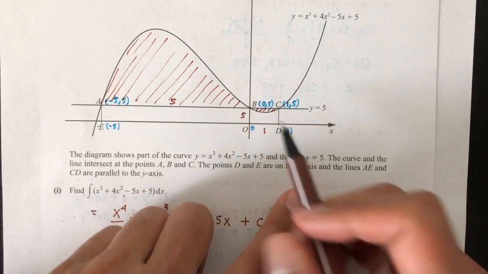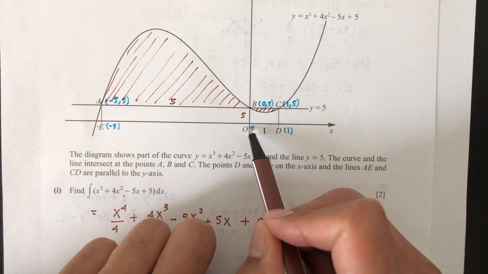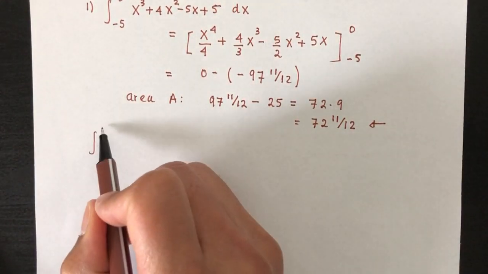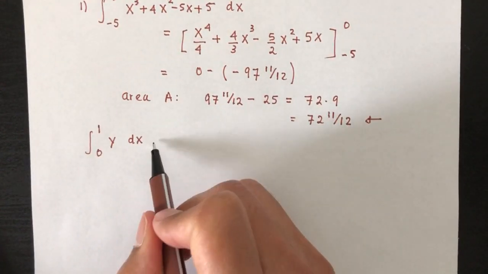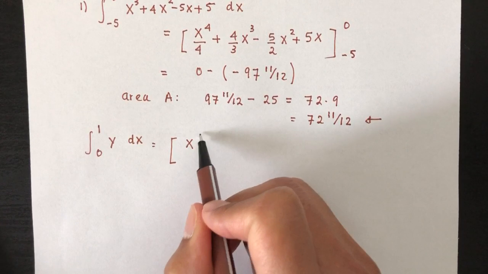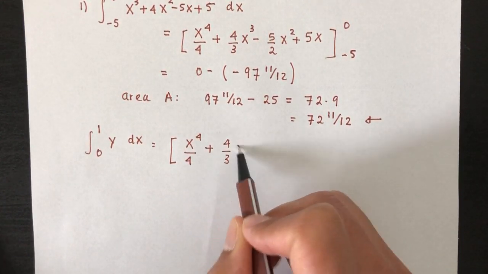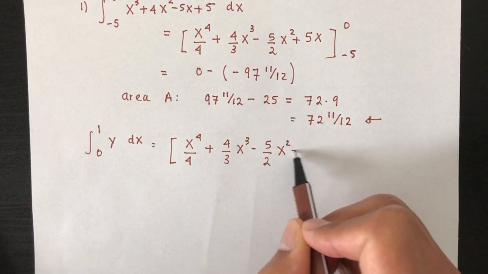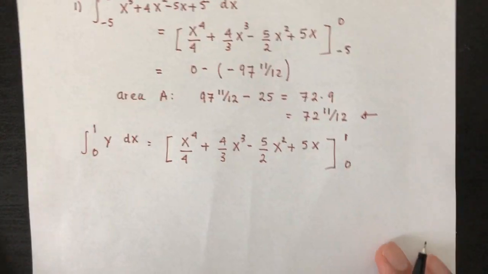Now, what is area of part B? If you observe, for this one, we have to find the area under the curve of this part between 0 and 1. That will be the integral from 0 to 1 of y dx. That will be the same answer, x to the power 4 over 4 plus 4 over 3 x cubed minus 5 over 2 x squared plus 5x, between 1 and 0.